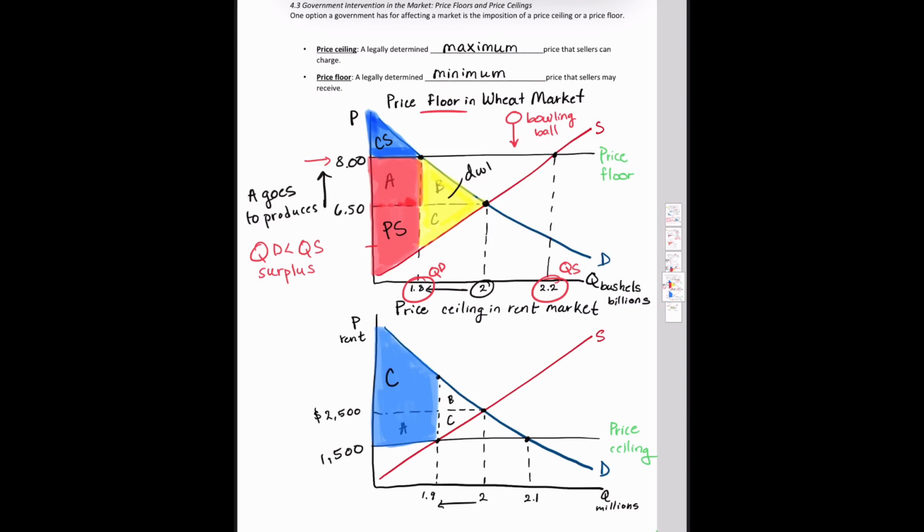Okay, so this is consumer surplus. A goes to consumers. And since we're not at economic equilibrium anymore, we'll see deadweight loss, B and C. And we see a smaller producer surplus down here.